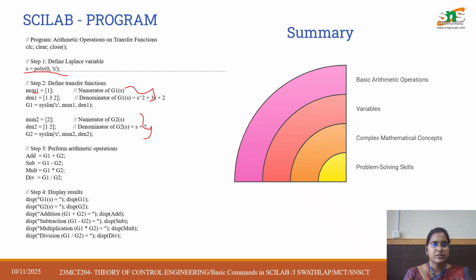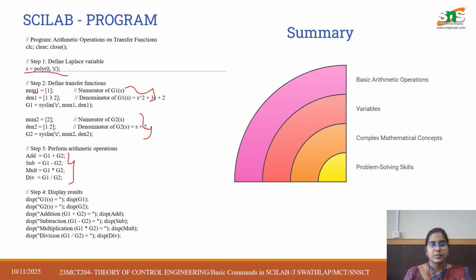I define the numerator values and denominator values, and G1 is the system with the numerator and denominator. The same is defined for G2, and performing arithmetic is very easy: G1 plus G2, G1 minus G2, multiplication and division.